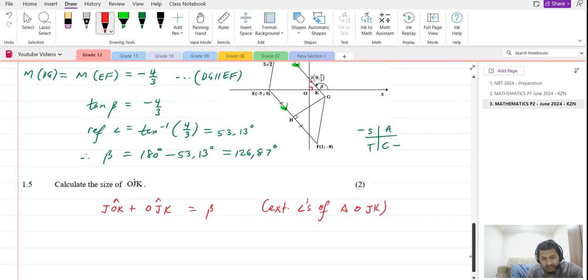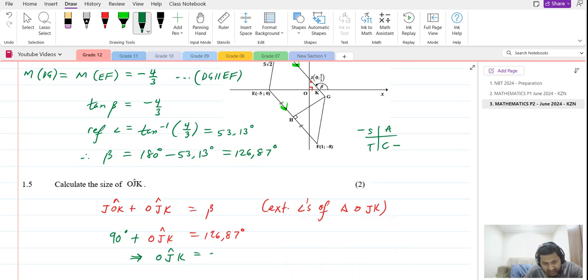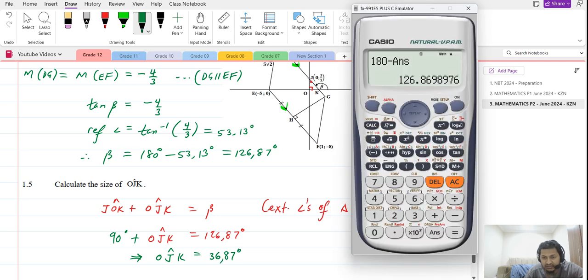Beta angle is 126,87, right? And what do we want to find? OJK. And JOK, we know this is 90, right? So this implies OJK is equal to 126,87 minus 90. You should get 36,87 degrees. Let's just check that.